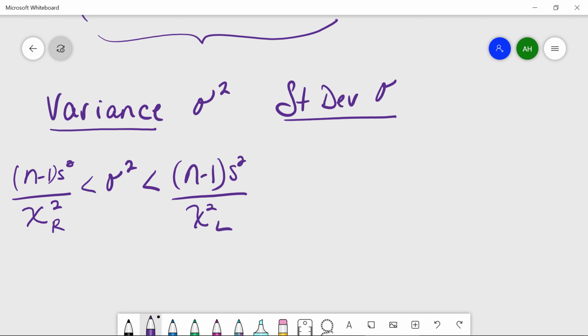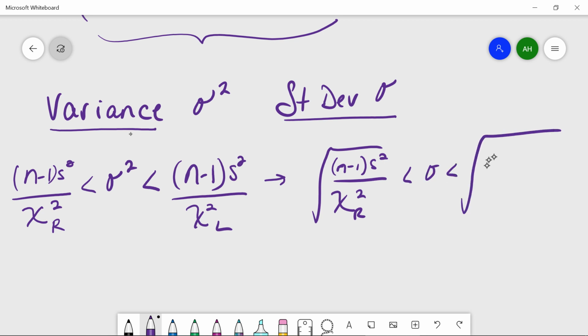Okay? Now then, when we look at the standard deviation, it's just going to be the square roots of these two things. So over here, I'm going to have the square root of n minus 1 times s squared over my right chi. Okay, so my standard deviation is going to be greater than that, and then it's going to be less than the square root of n minus 1 s squared divided by my left chi.